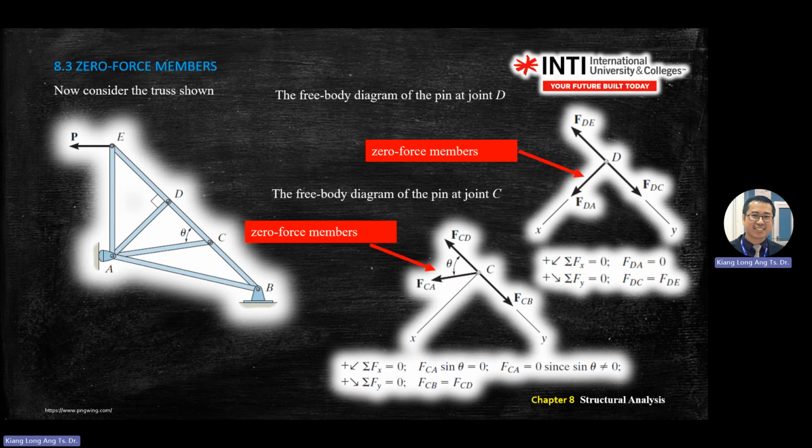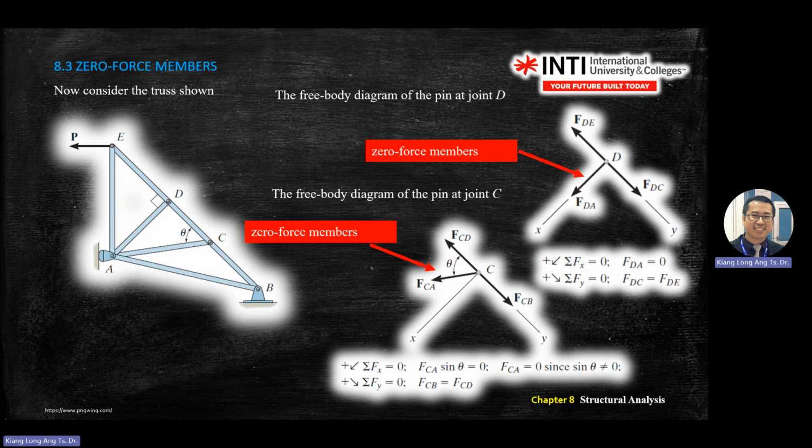What conclusion can you make based on these two observations? How do you find zero force member EF in this kind of scenario? Can you make a simpler conclusion based on these two cases? How do you know that one is a zero force member based on this observation?